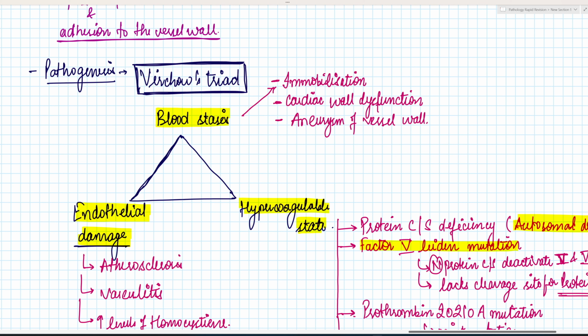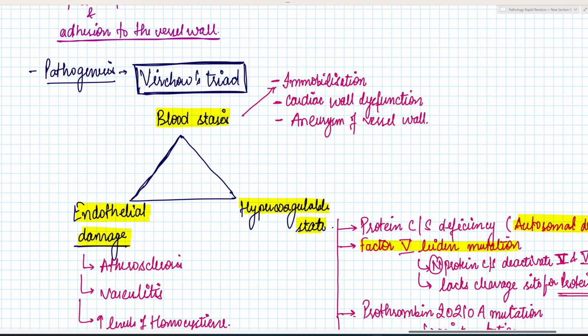For instance, after long flights, if a subject is sitting continuously in a chair for 14-16 hours, there's a tendency for DVT in the legs. After surgery, if there is prolonged immobilization, there is again a risk of DVTs, deep venous thrombosis. Then second is cardiac wall dysfunction.